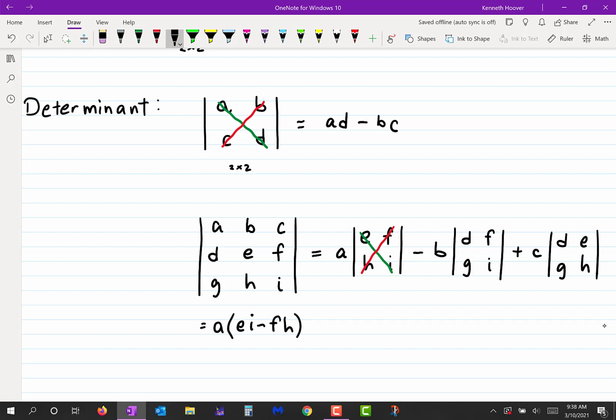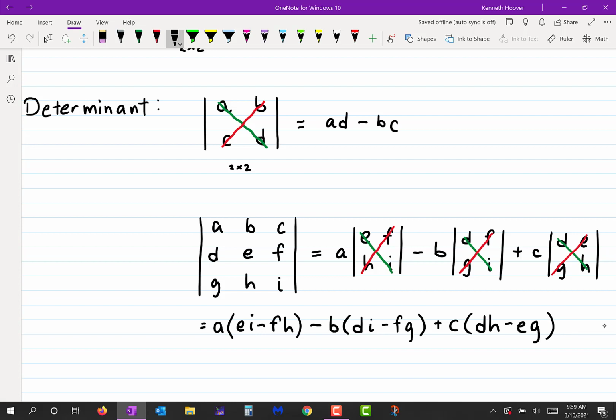Okay. Minus B times DI minus FG. Plus C times DH minus EG. That's how you do the determinant of a 3 by 3 matrix.